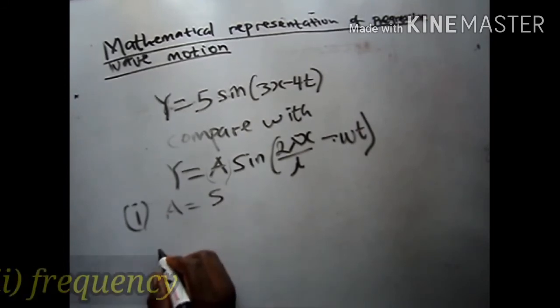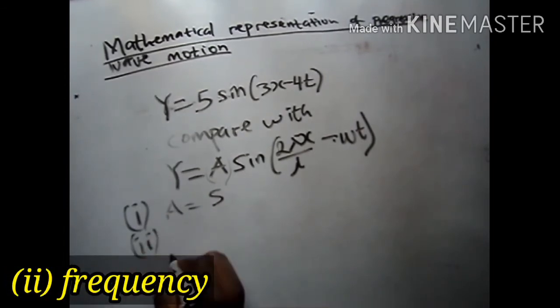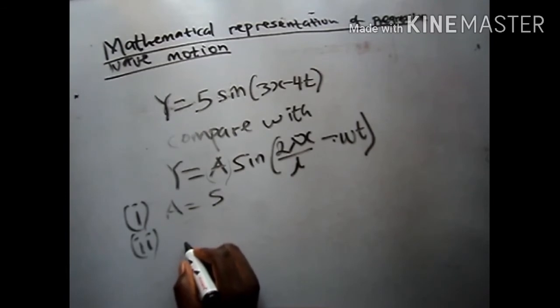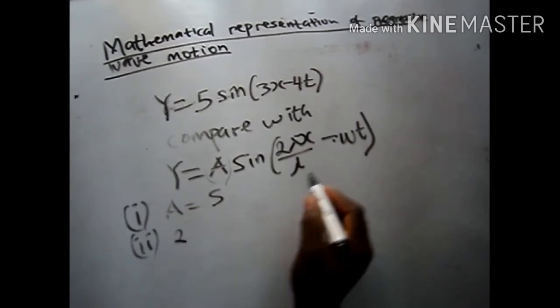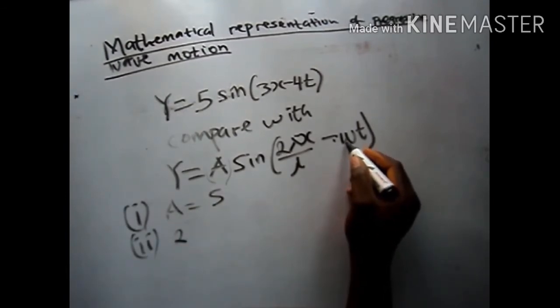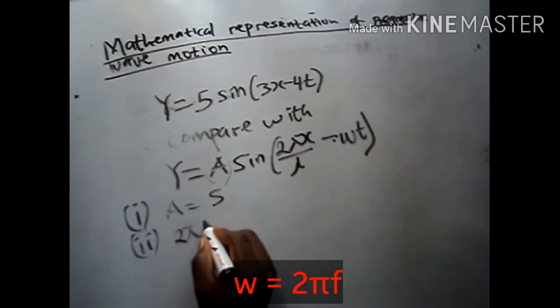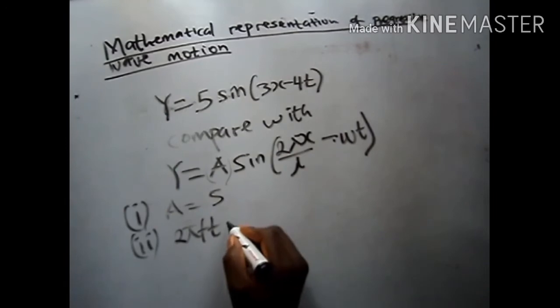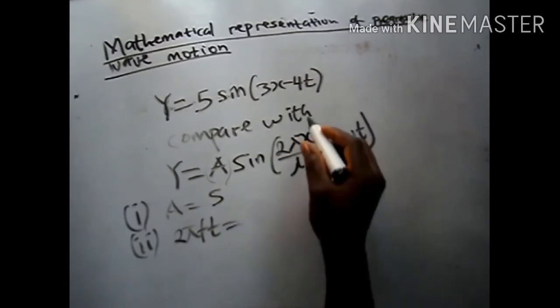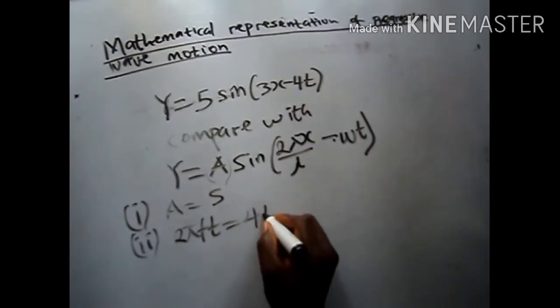Now we have to calculate the frequency. From your knowledge of simple harmonic motion, your omega is 2 pi f. Now you have your t compared to this 4t.